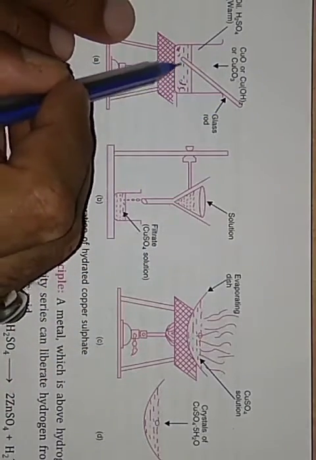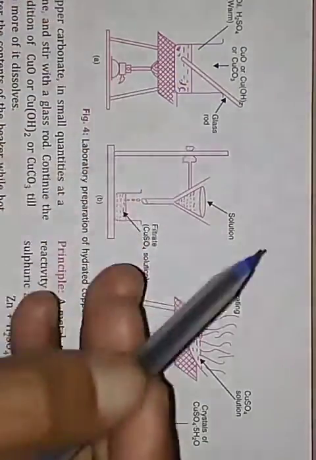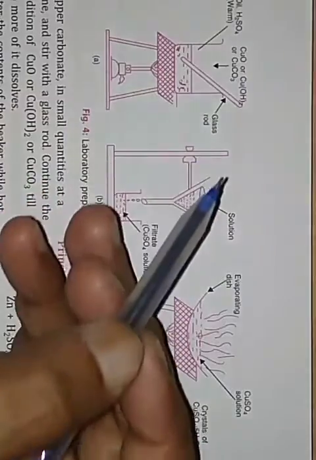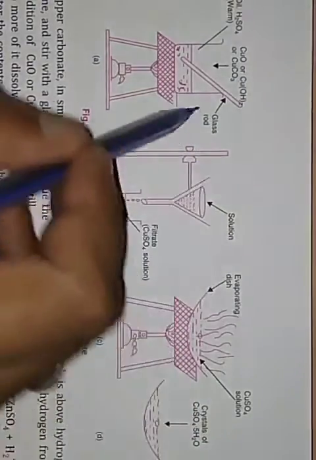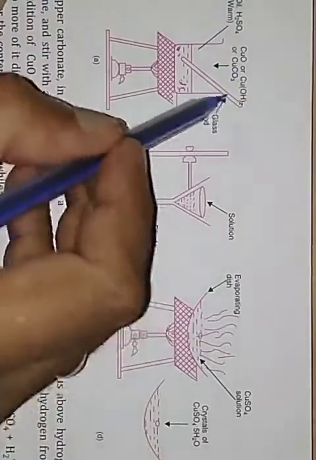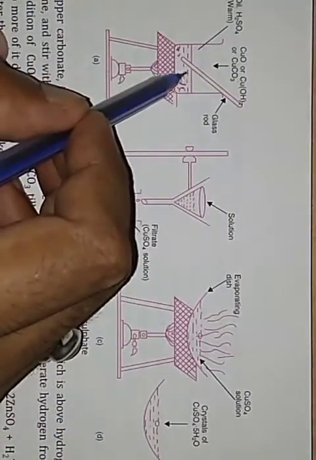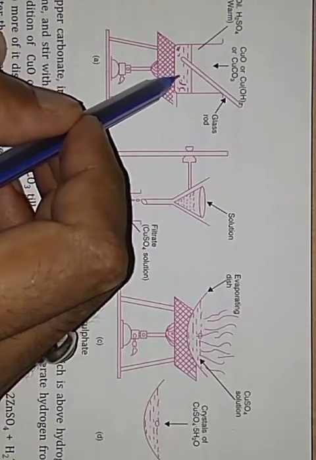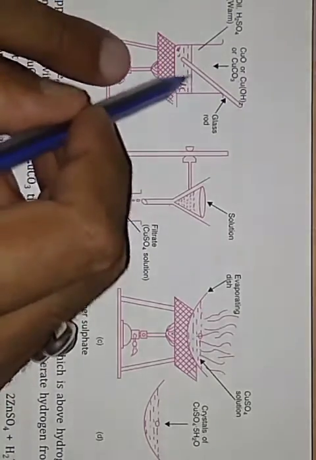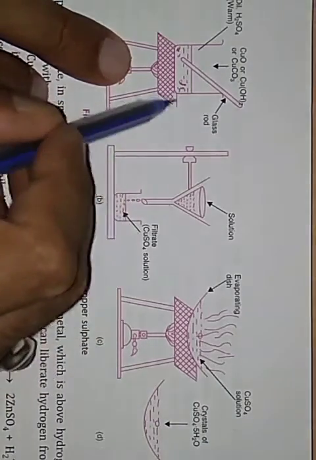And add the cupric oxide till no more of it dissolves in the H2SO4, and stir the solution by the help of the glass rod.